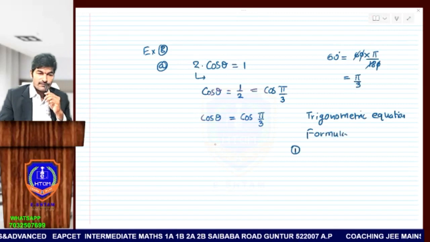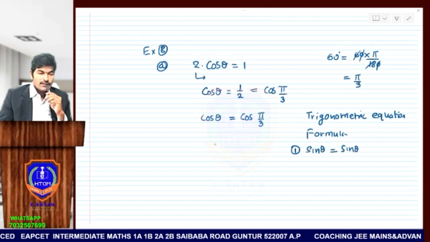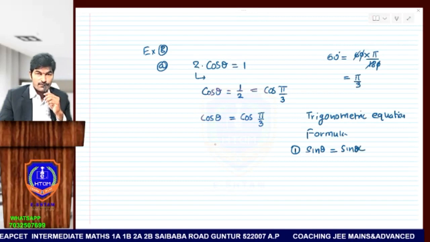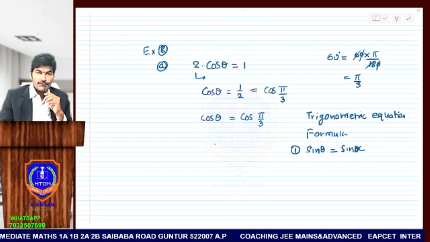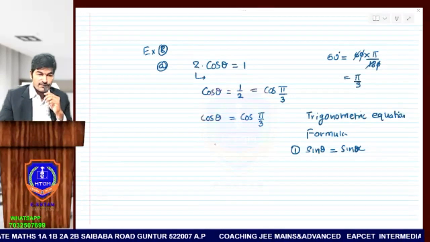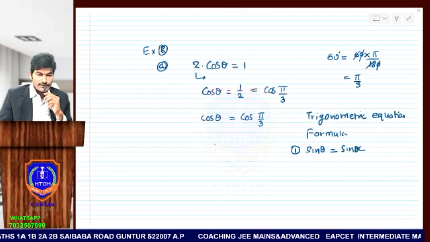Formula number 1: if sin theta equal to sin alpha. Look at the present question: cos theta equal to cos alpha, where alpha is the value of the given equation, and we need to calculate the value of theta in the given interval. In such cases, we will use this kind of formulas.